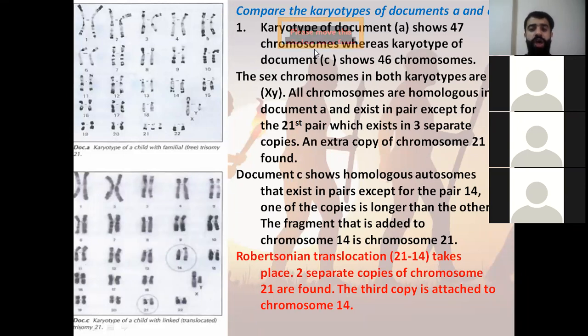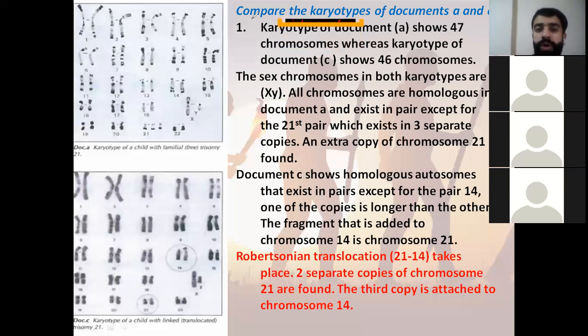Whereas document C shows homologous autosomes that exist in pairs. They are the same except for chromosome pair number 14, where one copy is longer than the other. So this was added from chromosome number 21.